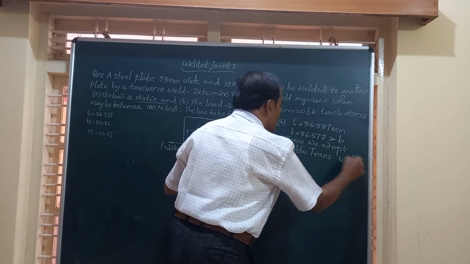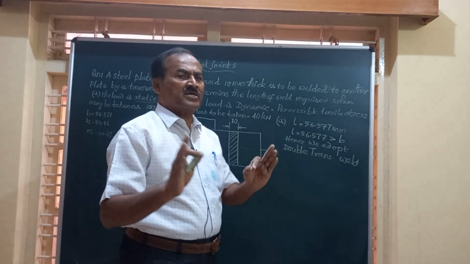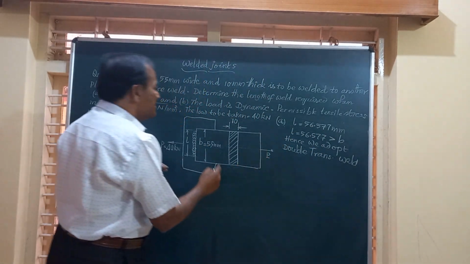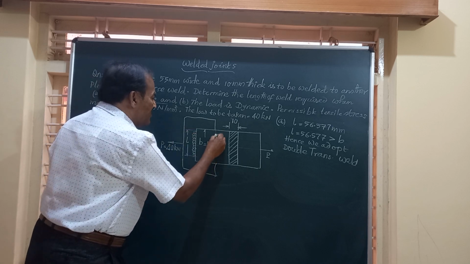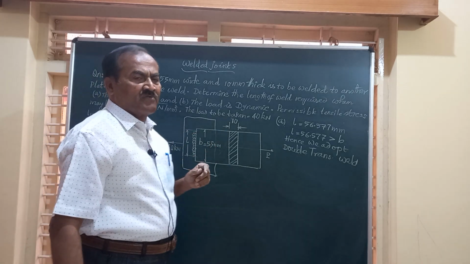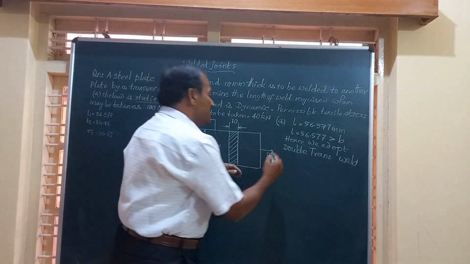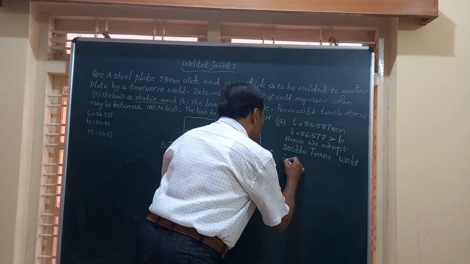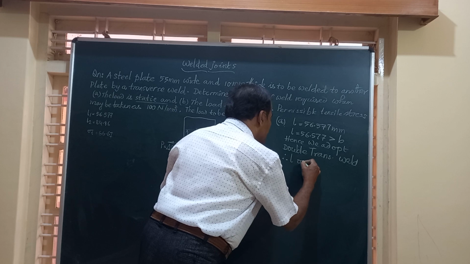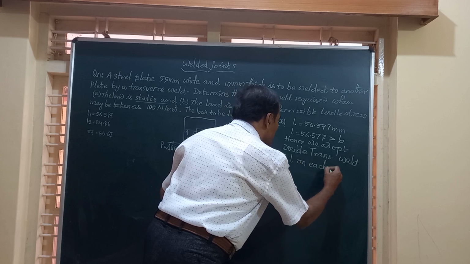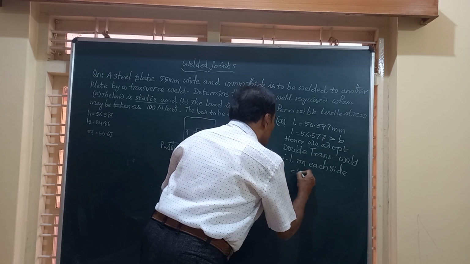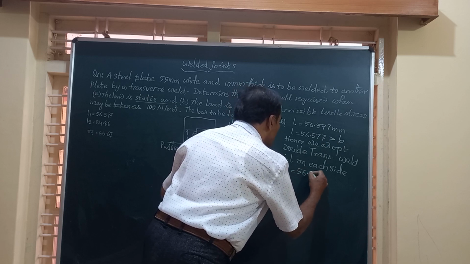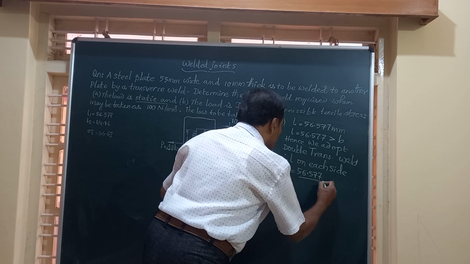That is to say, whatever the length of welding you are getting here, that length of weld is divided equally. Half the welding is done here, half below this, on the bottom side of the same plate. Therefore, length of weld L on each side will be just half of this, is equal to 56.577 divided by 2.